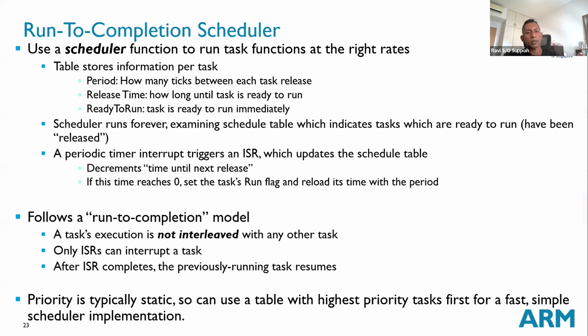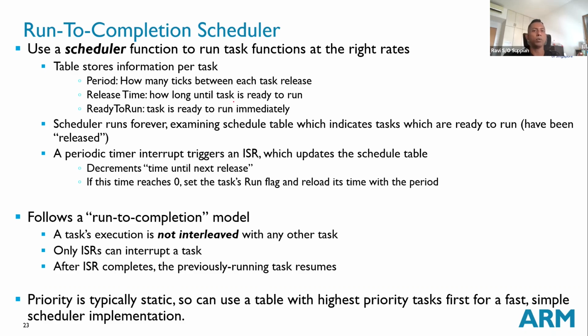A run to completion scheduler basically allows you to run until you finish. You can implement it in many different ways, and here they just give you an idea of how it can be done.